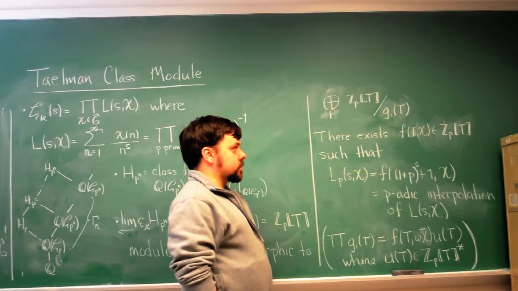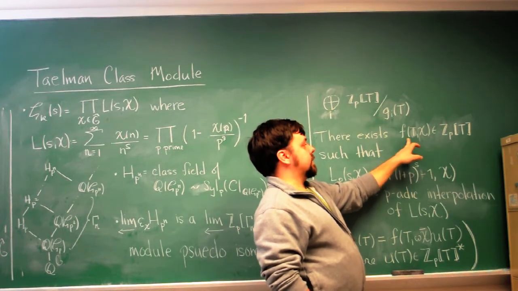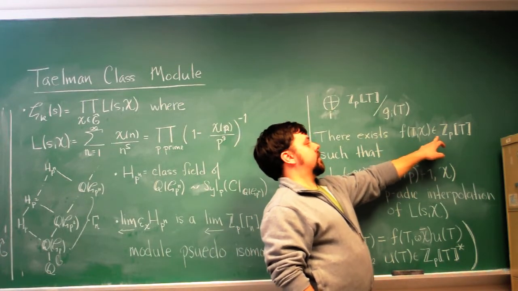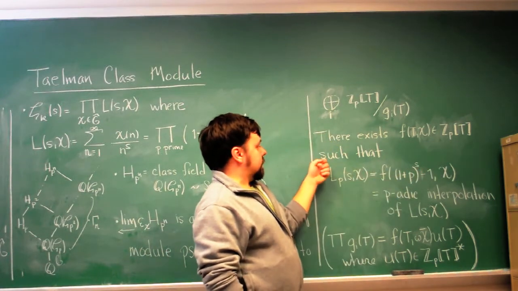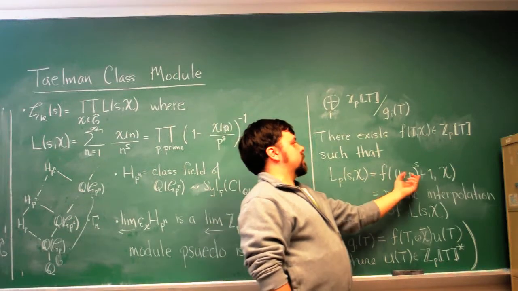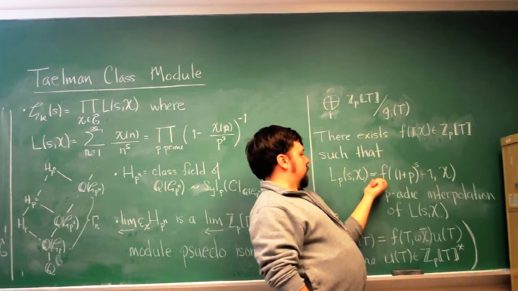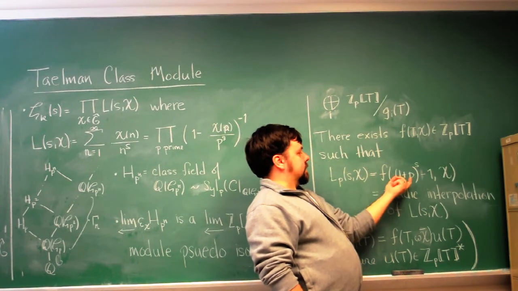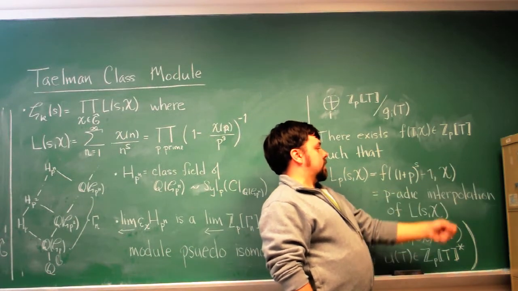So also, as it turns out, there exists a power series f in T that depends on chi, that lives in our power series ring Z_p[[T]], such that L_p(s, chi) is equal to a twisted version of this power series. In other words, L_p(s, chi) is equal to f((1+p)^s - 1, chi).